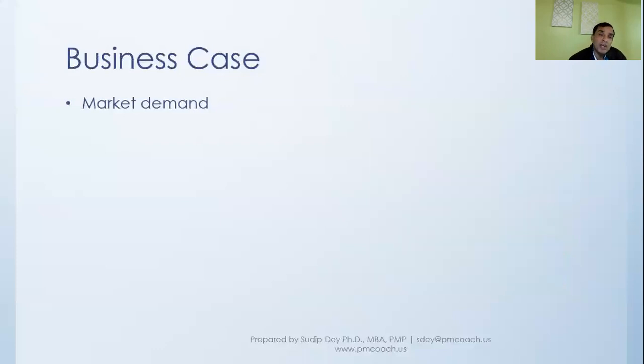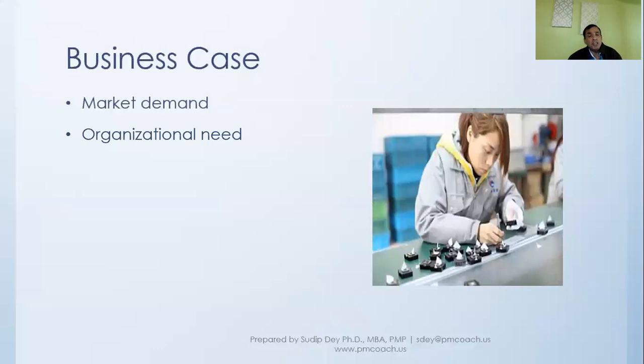Another reason might be some organizational need because of which a project needs to be started. For example, they realize that there is a possibility of improving the process in the organization. When improving the process, they might start a process engineering project in the company.